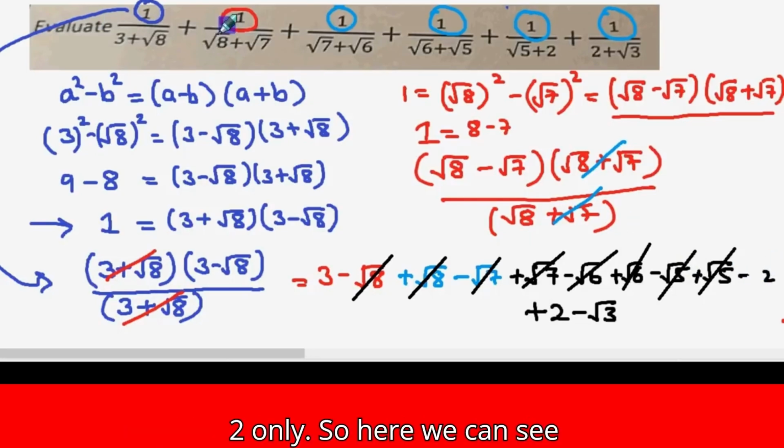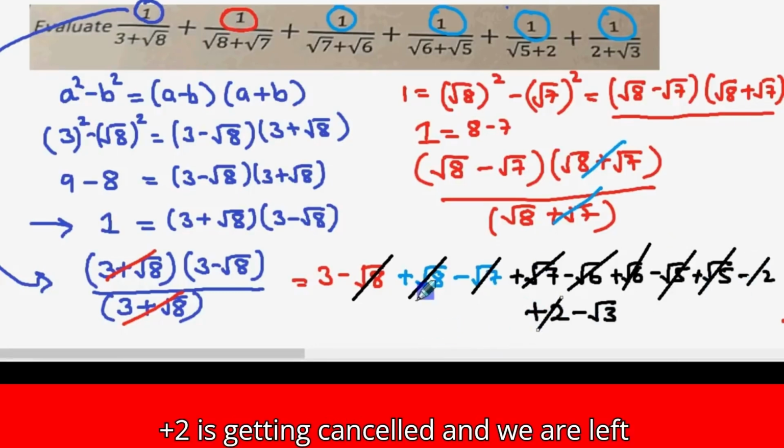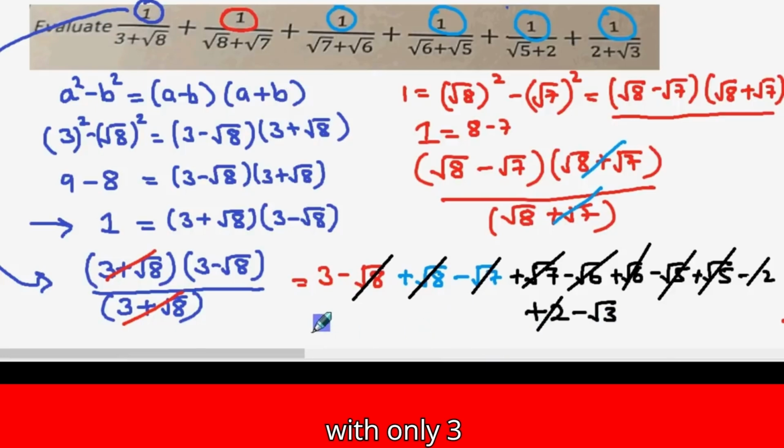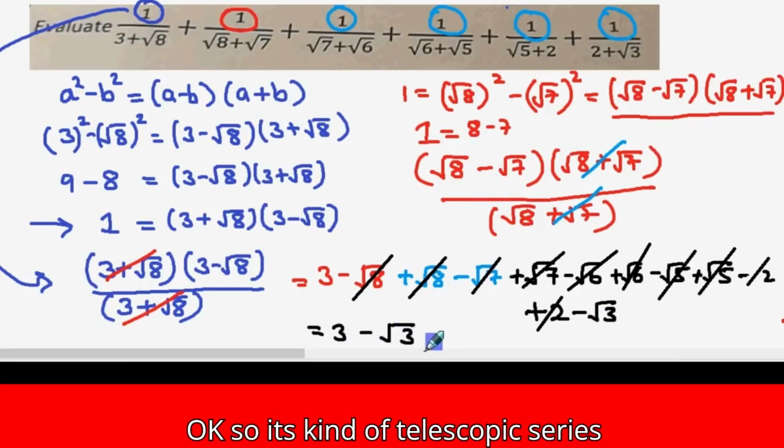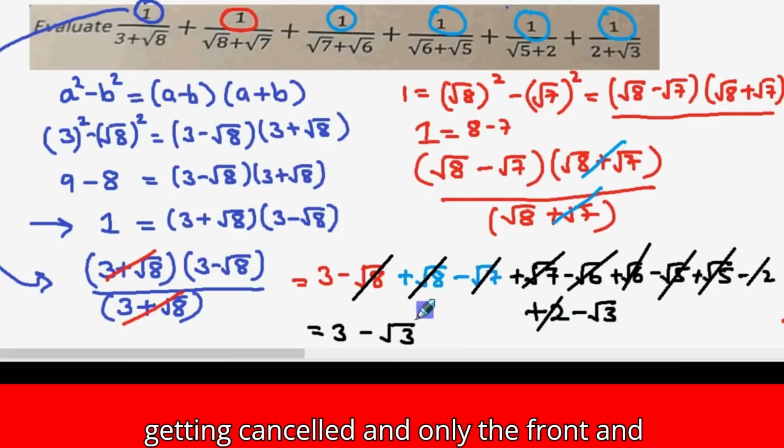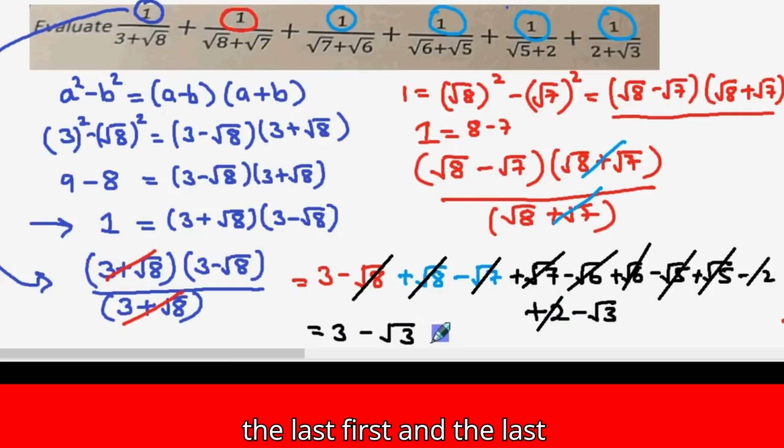So we can see that this negative 2 and this positive 2 are getting cancelled and we are left with only 3 minus root 3. It's a telescopic series where all the internal members are getting cancelled and only the first and the last number is left. So here we can say our answer is 3 minus root 3.